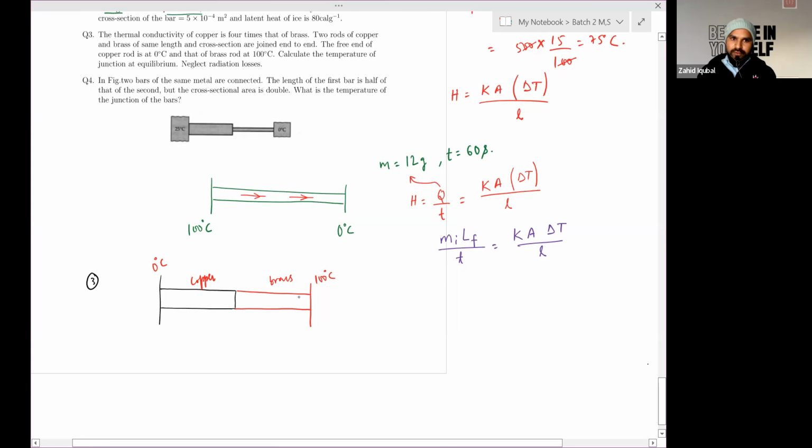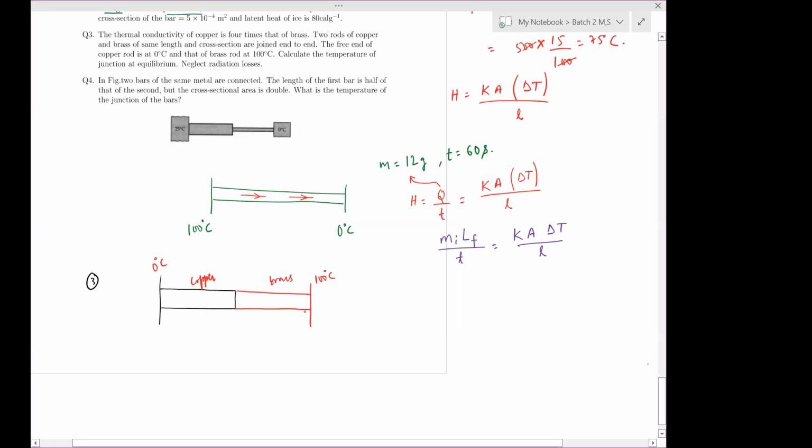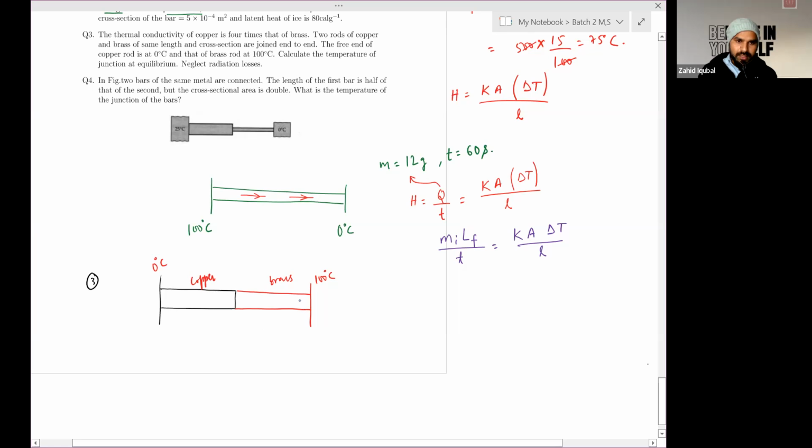So heat current will flow from which side to which side? From copper to brass, or from brass to copper? Good. So let's say heat current in this part will be H1 since it has higher temperature, and towards this direction H2. Temperature of this particular junction is T0.